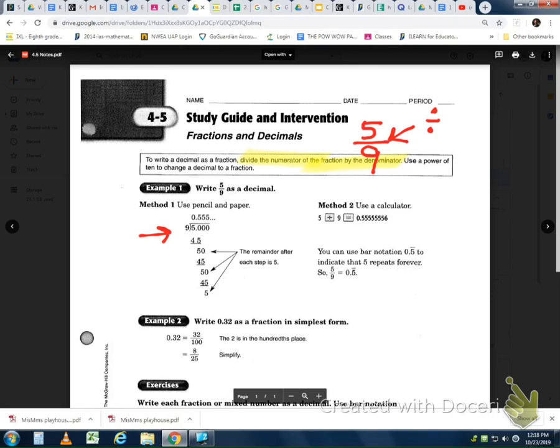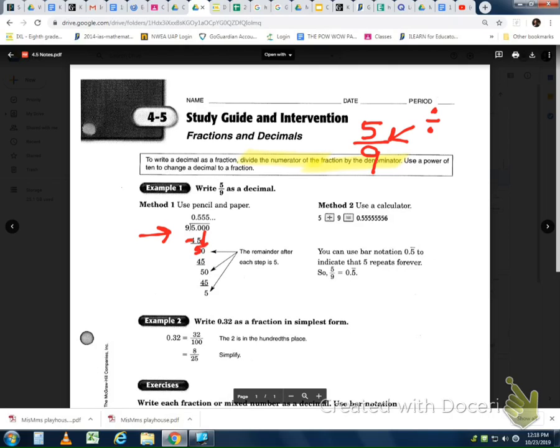Every time they subtract, they get 5 left, and they keep adding the 0 and bringing it down. Then 9 goes into 50 again, 5 times 45. It keeps giving the value of 5. It's never going to stop.